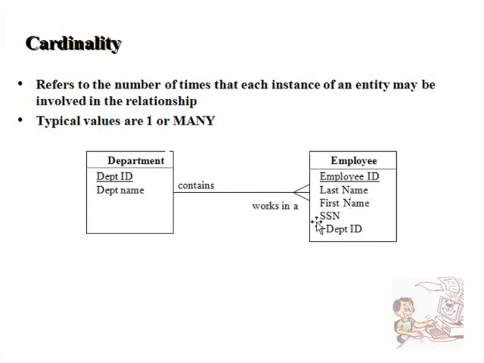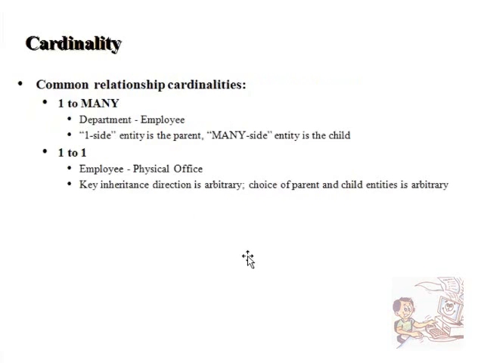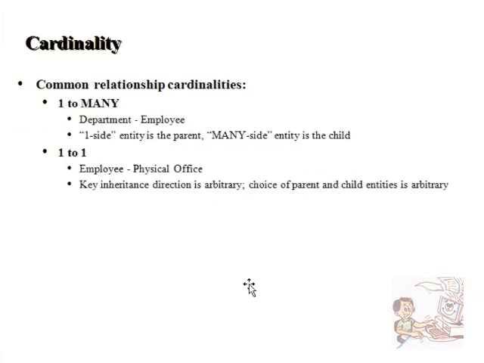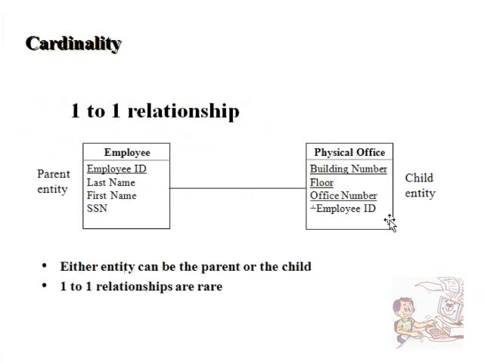For each employee ID, you specify what the building is, what the floor is, what the office number is, and all those things. Suppose this is a small example where you are building a one-to-one relationship. That means one record coming from your parent will have only one record in your child also. That is one-to-one.